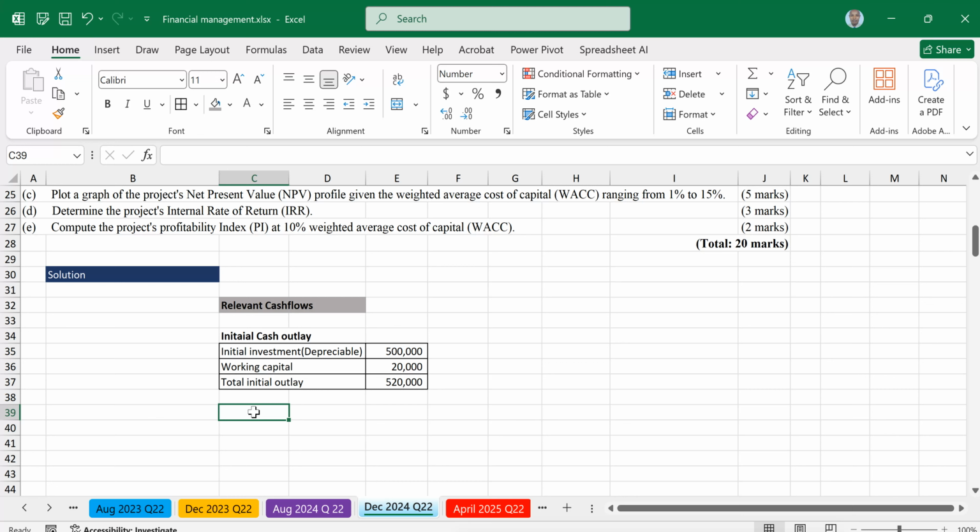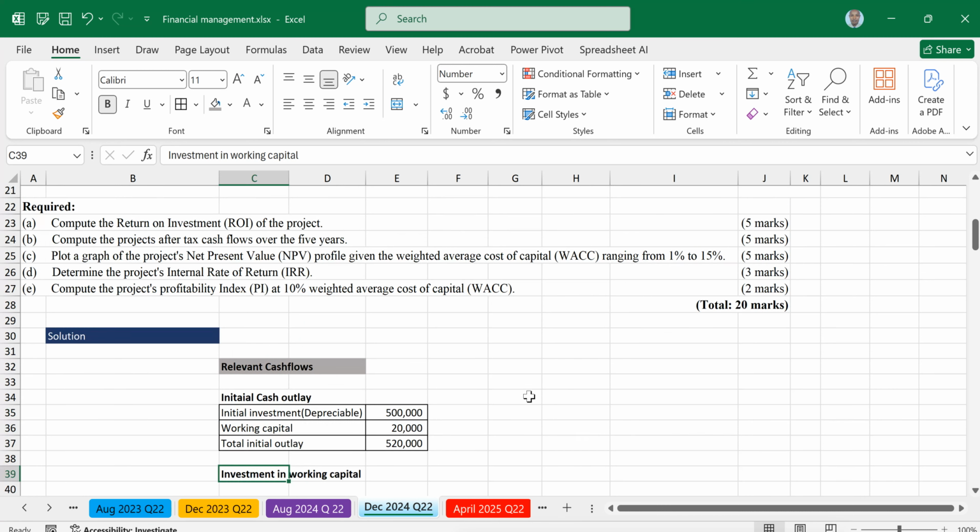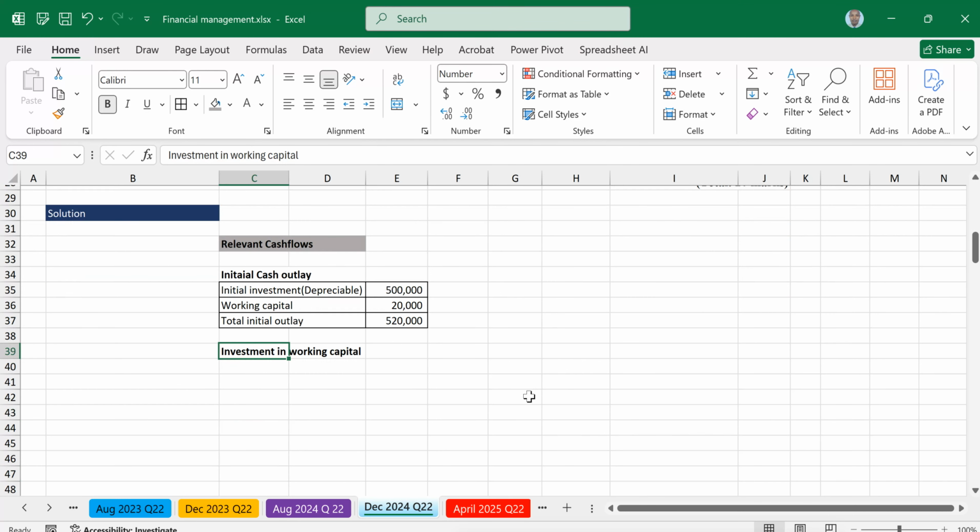Now the second one is the investment in working capital. For the investment in working capital, we have year and injection stroke recovery.